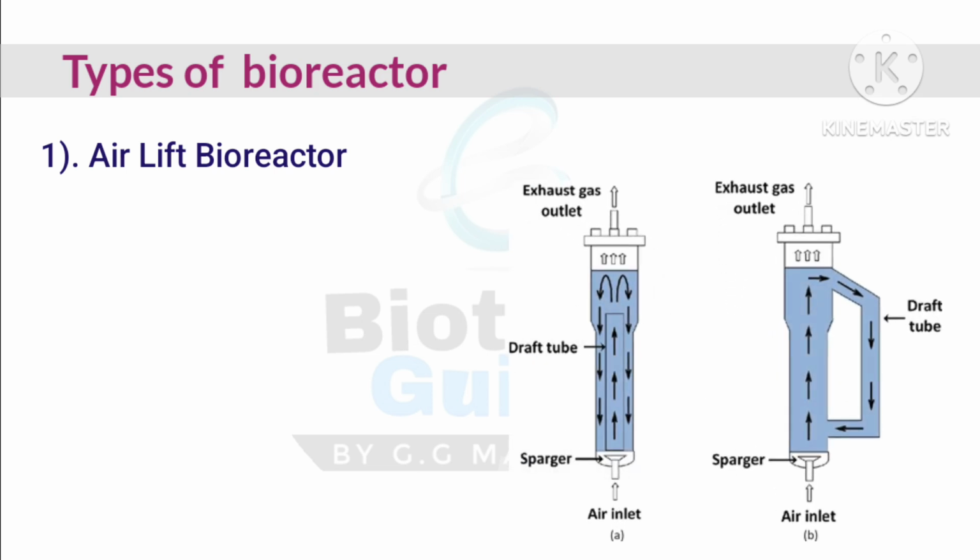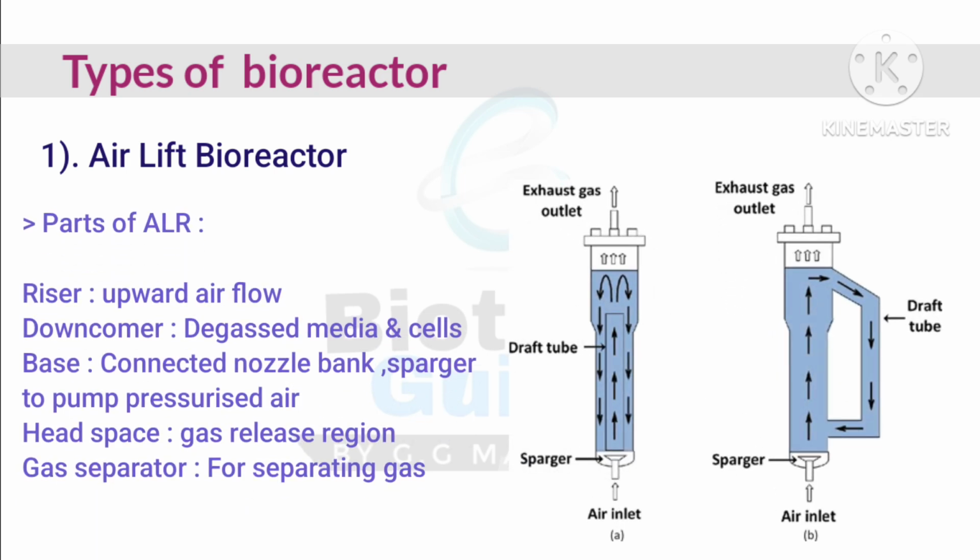Here you can see in the diagram the parts of the ALR: riser, downcomer, and then the base, which is connected to a nozzle bank or a sparger to pump pressurized air. Then the headspace, this one, is also known as the gas release region, and the gas separator is mainly used for separating the gas.